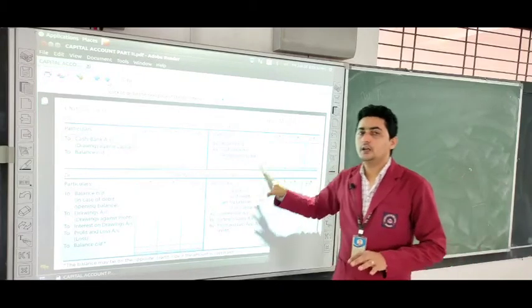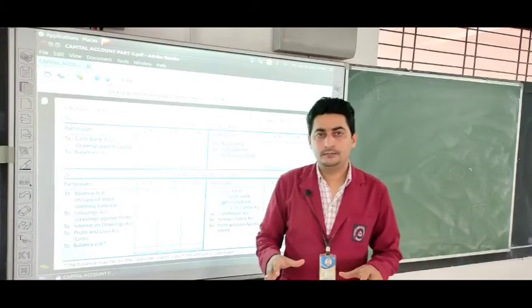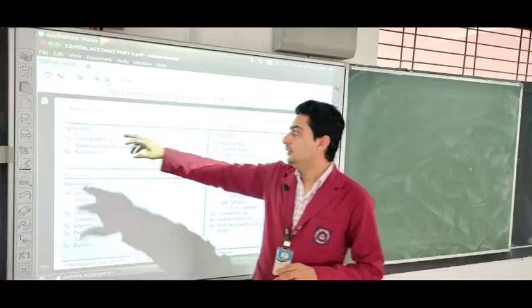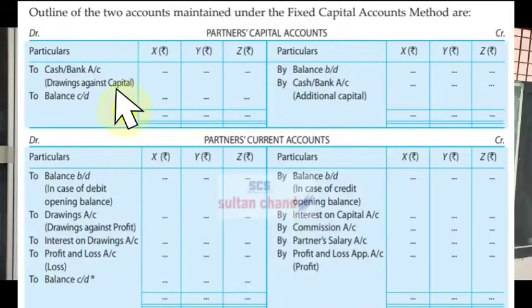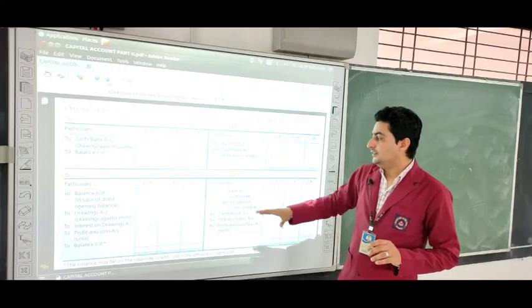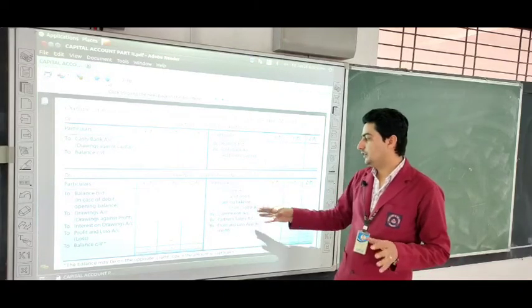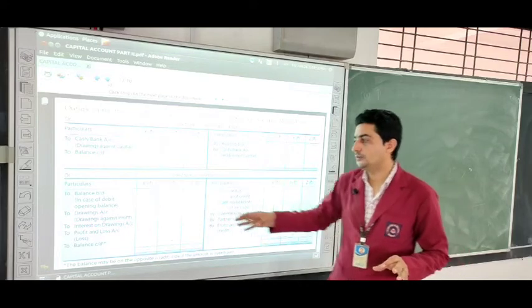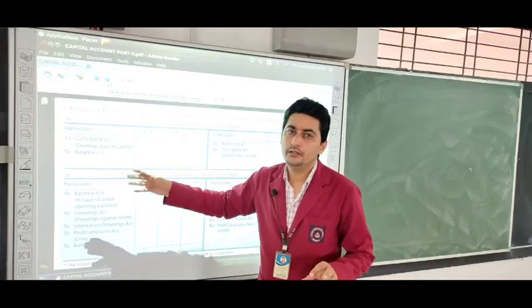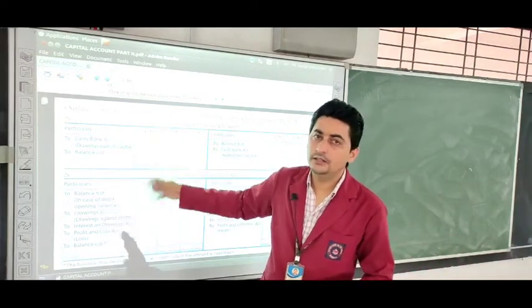In capital account only capital will be there, and if drawing against capital is done, it will be debited, and if additional capital is brought in, it will be credited. All other things, partner's salary, interest on capital, commission, profit and loss appropriation account, drawing, interest on drawing, loss will be in current account.